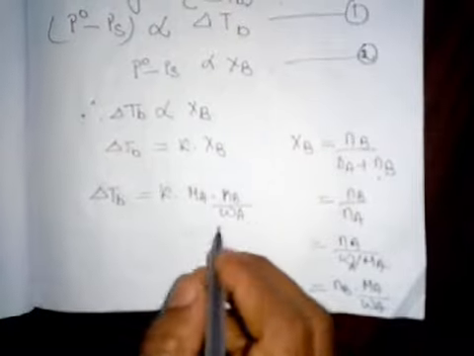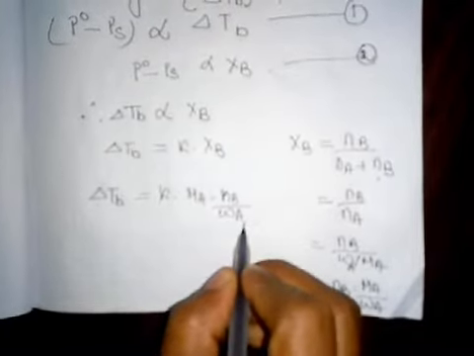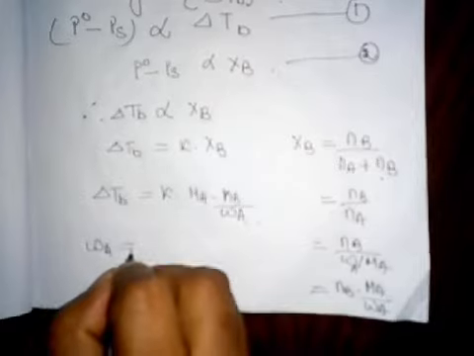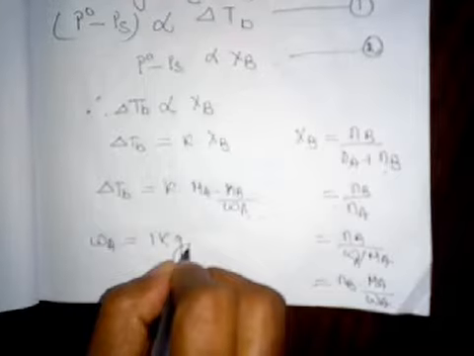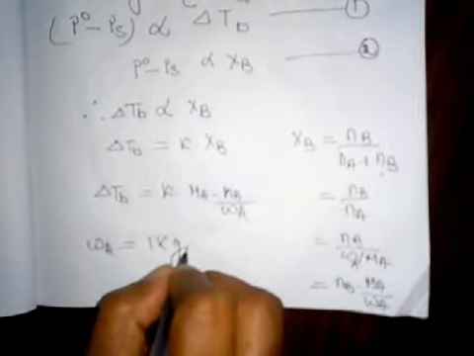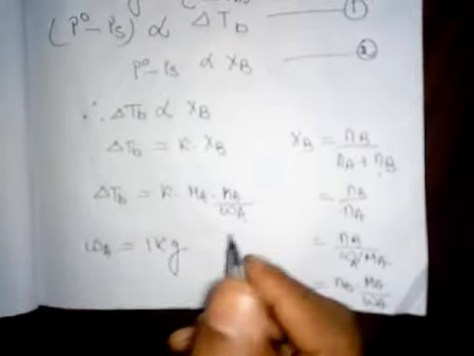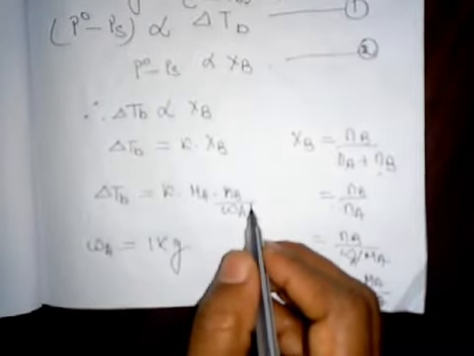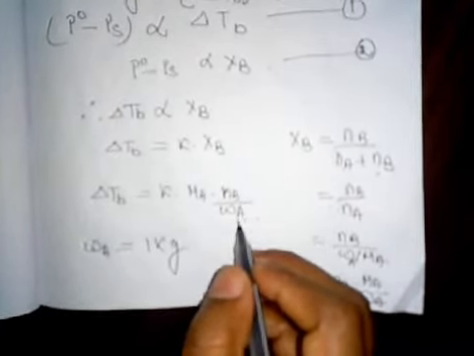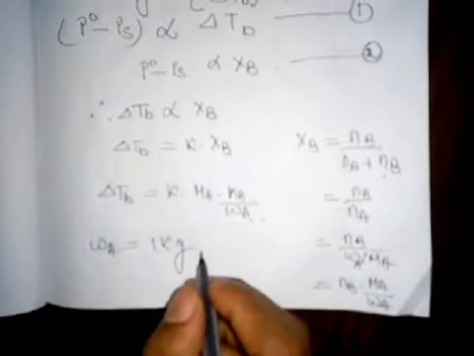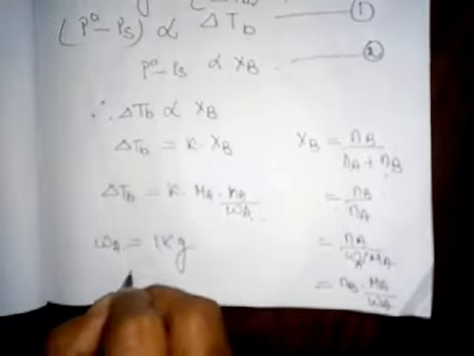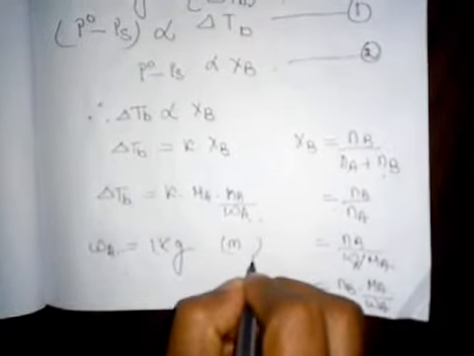If Wa, the mass of the solvent, is equal to 1 kg, then Nb by Wa is the molality of the solution, that is small m.